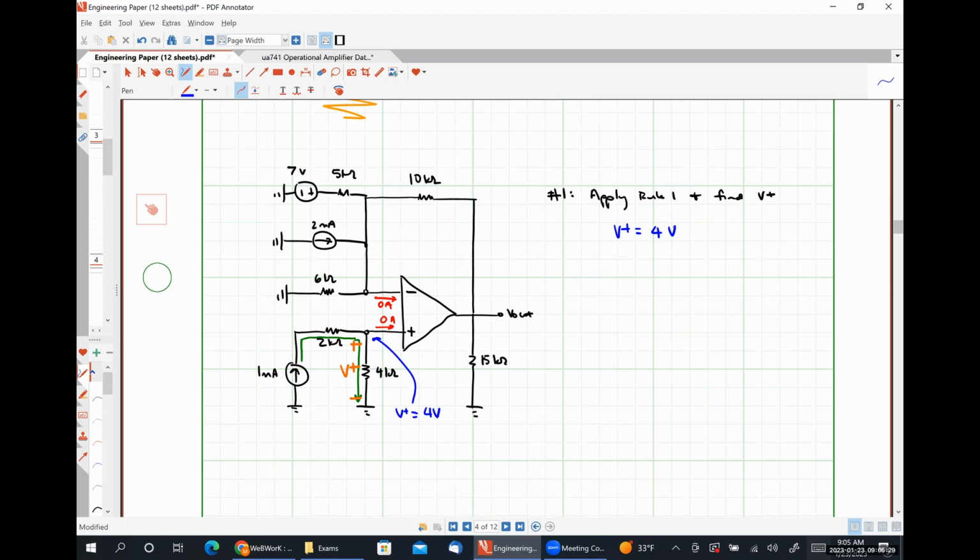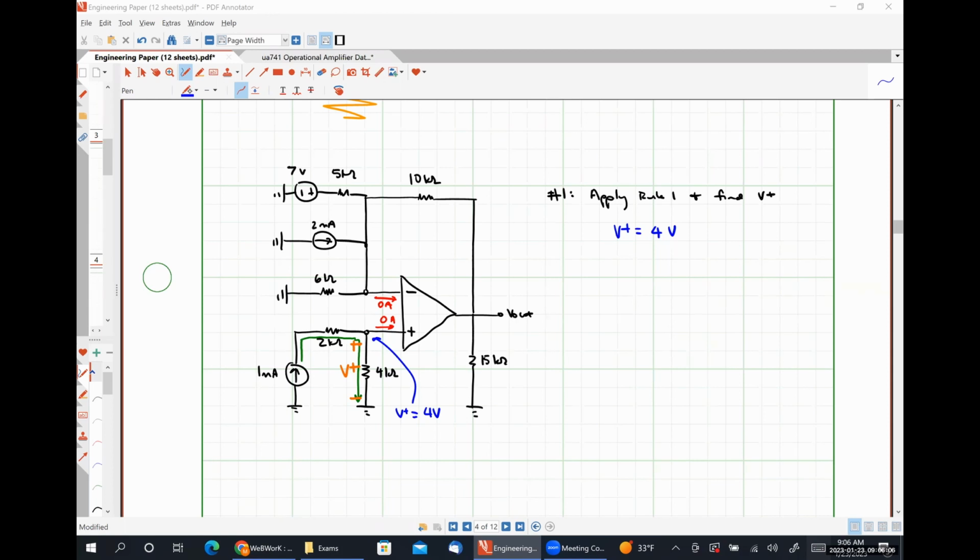All right. So, let me see what the chat says. I'm not ignoring the 2 kilo ohm resistor. The 1 milliamp of current does flow through that 2 kilo ohm resistor, so there is a 2 volt drop over it. That being said, the voltage drop over the 2 kilo ohm resistor is not the voltage present at our non-inverting input terminal, because our non-inverting input terminal voltage is measured with respect to ground, right?